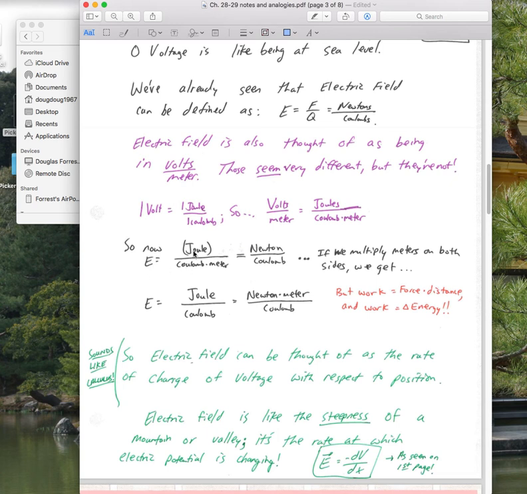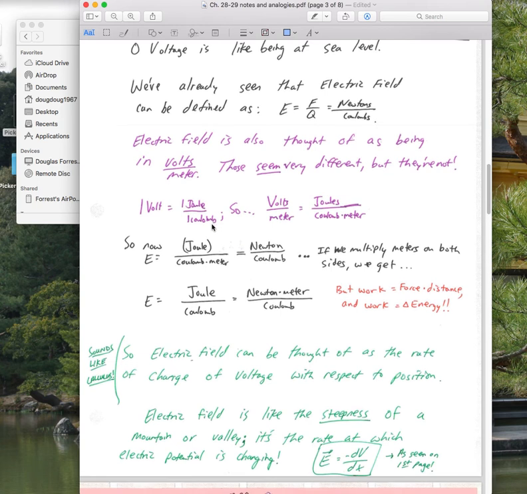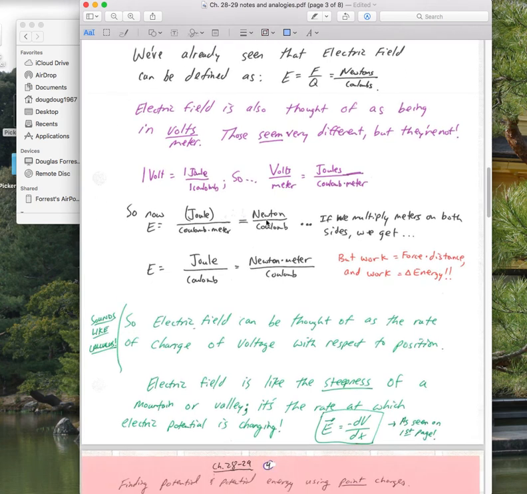So now this is over a coulomb times a meter, by the way. We cross multiply. We end up getting joules times coulombs, Newton meters times coulombs. Same thing.